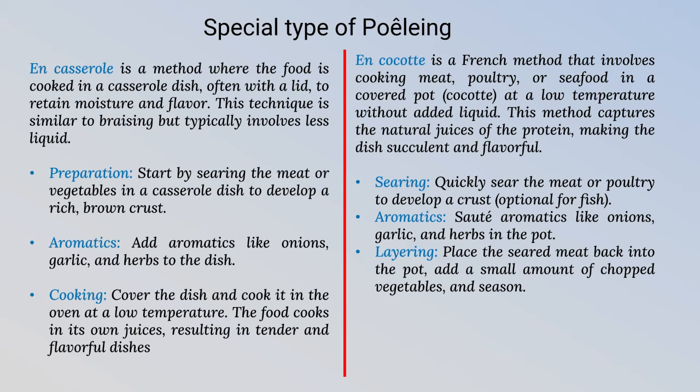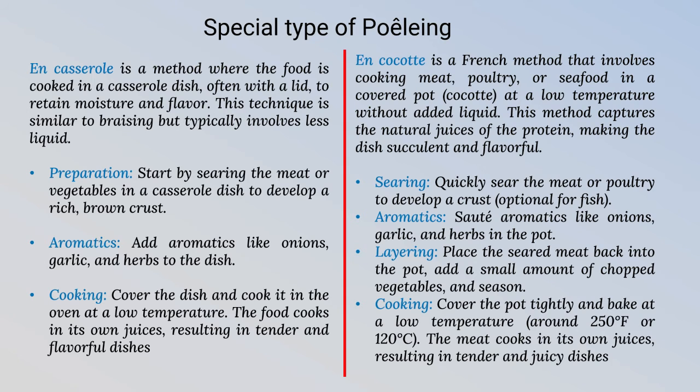Add a small amount of chopped vegetables and season it properly. And then, obviously, cooking. Cover the pot tightly and bake at a low temperature. Temperature range is 250 degrees Fahrenheit or 120 degrees Celsius. The meat cooks in its own juices, resulting in tender and juicy dishes. You got my point? Okay.